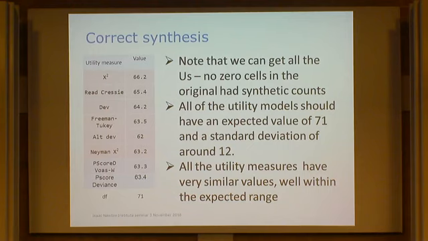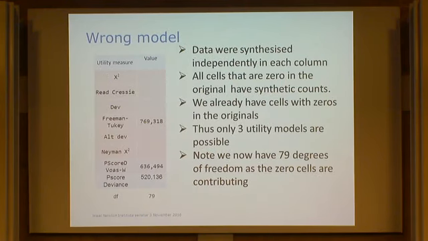But what happens when we do a wrong synthesis? That's potentially more interesting. This is the wrong model. Data synthesized independently in each column. All the cells that are 0 in the original have synthetic counts in them, which is not surprising.